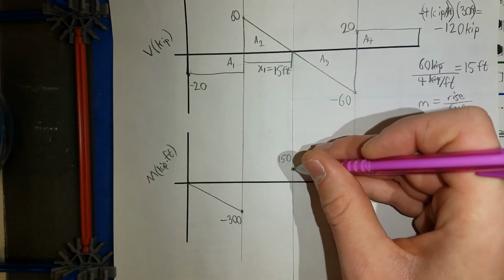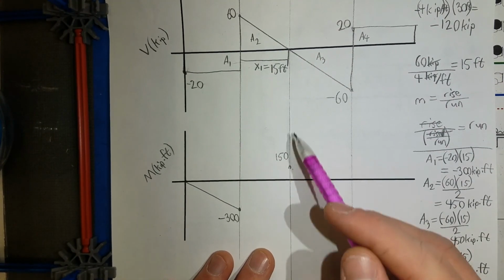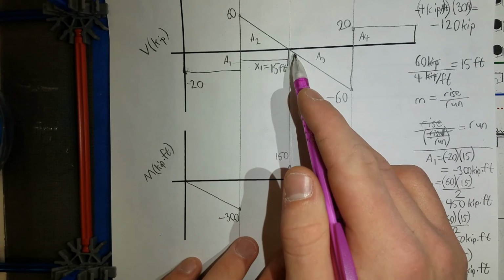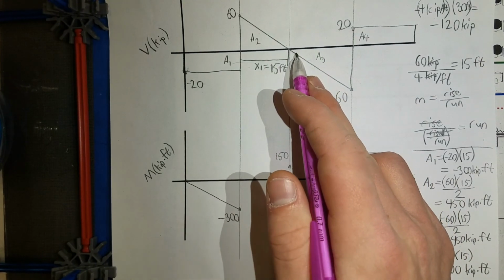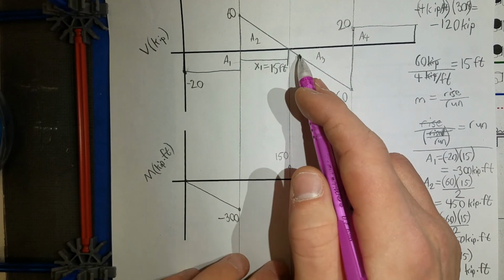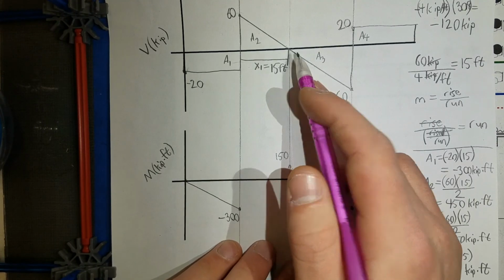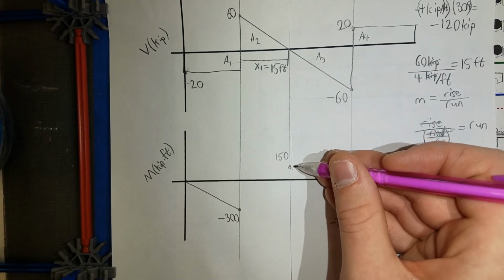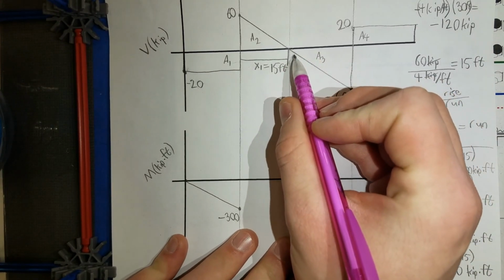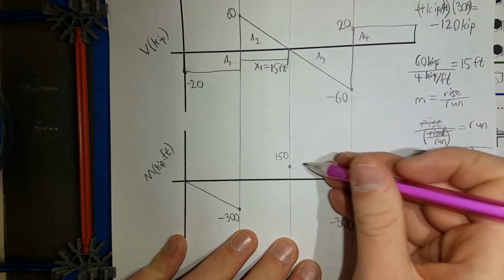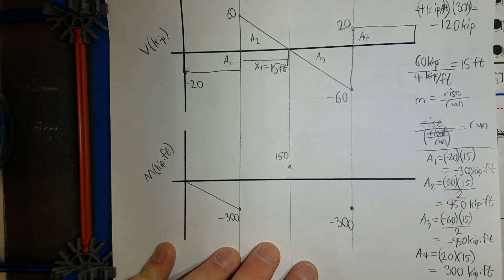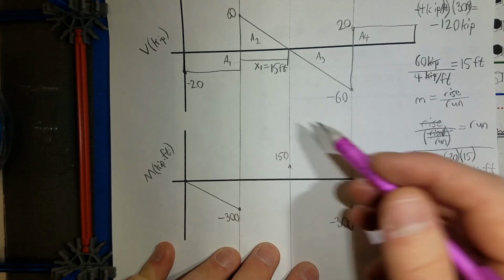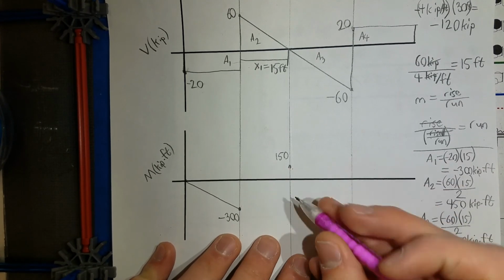On the other side of this line here, we can see that we start with a not very negative value for shear. This means that we're going to start going down at a somewhat gradual rate. And as the shear starts getting more and more negative, the slope of this is also going to become more and more negative, and straighter down, I guess.